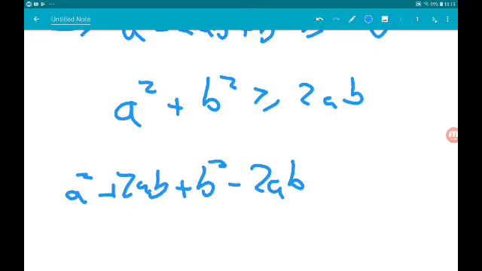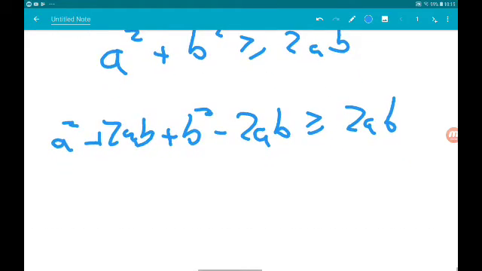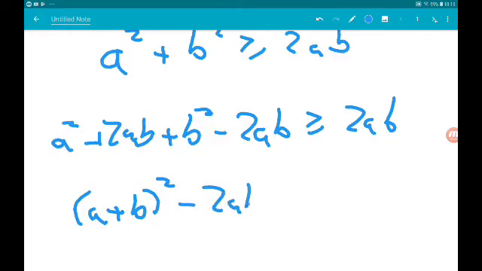Then the 2ab minus 2ab cancel out, but we can factorize a squared add 2ab add b squared to a add b all squared. So that's greater than or equal to 2ab. If we then factorize on the left, we get a plus b squared minus the 2ab is greater than or equal to 2ab.